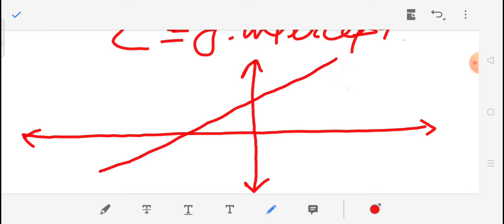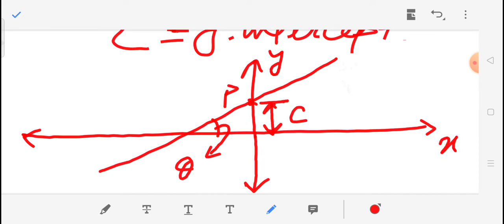It means cutting the y-axis at this particular point. Let us name this point as P, and let us take the distance of this point from the origin as C. So this C is the y-intercept here, and this line is making an angle of theta with the positive x-axis.